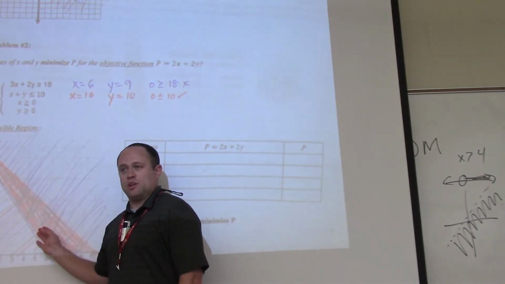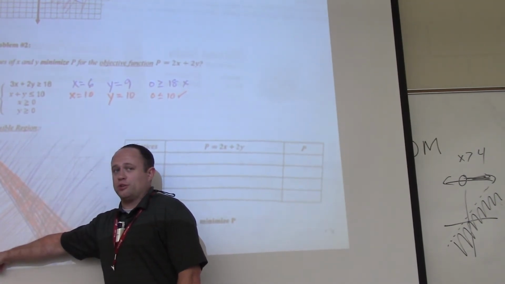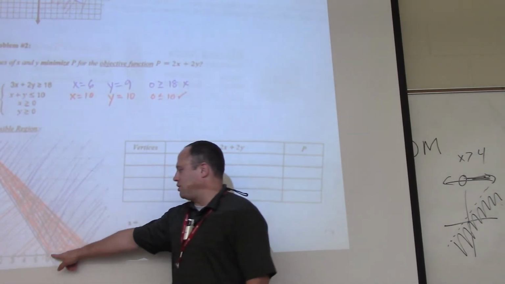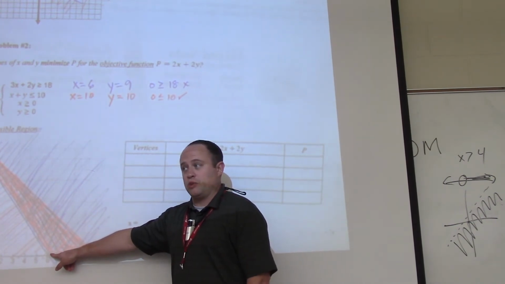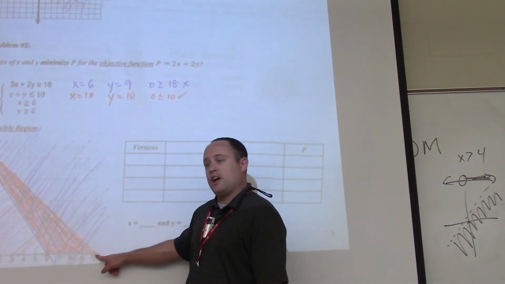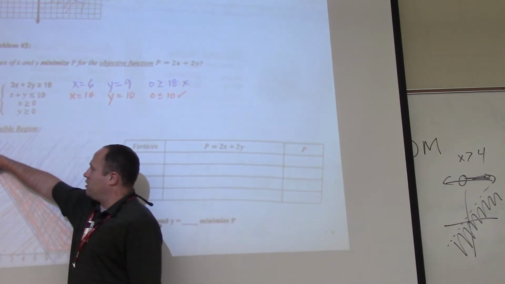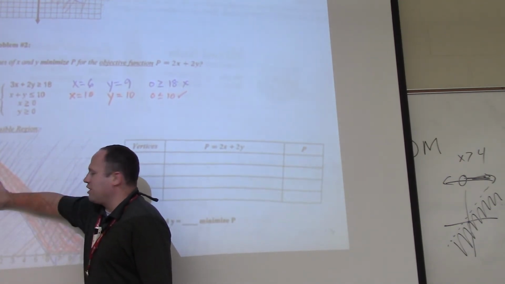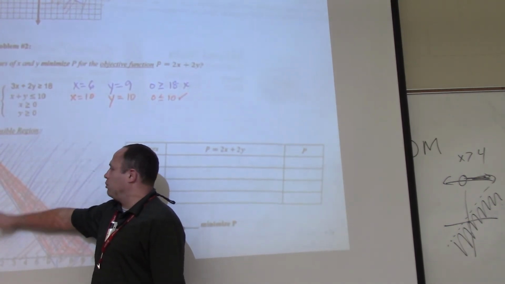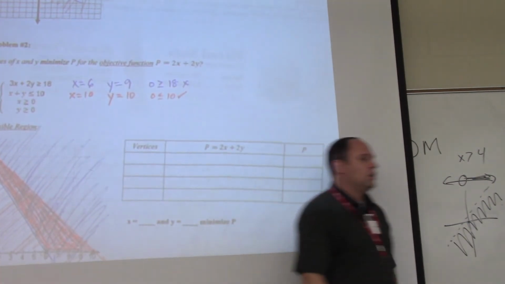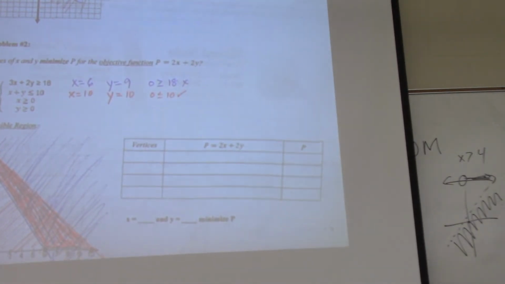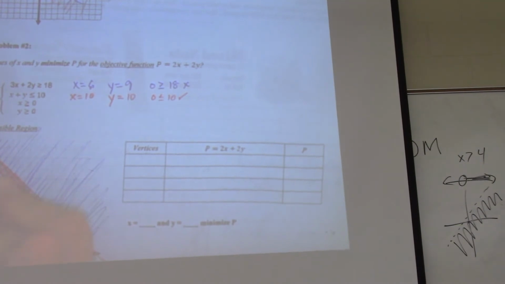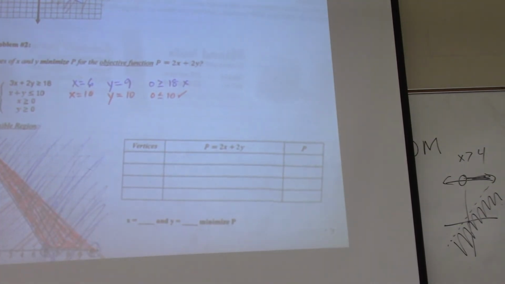Because this is my region, right? So 0, 0 is not going to be one of them. What about that? That's a corner of it. So is that. So is that. So is that. Nothing else down here matters because it's not in the shaded region. We needed the double shaded region right here. So our vertices are right here, right here, right here, and right here.